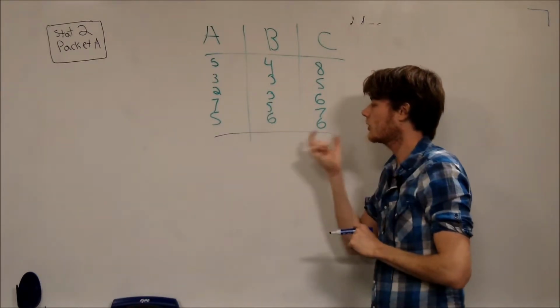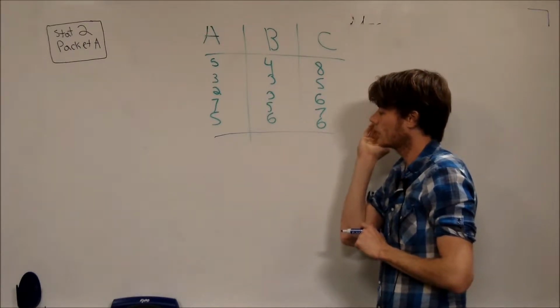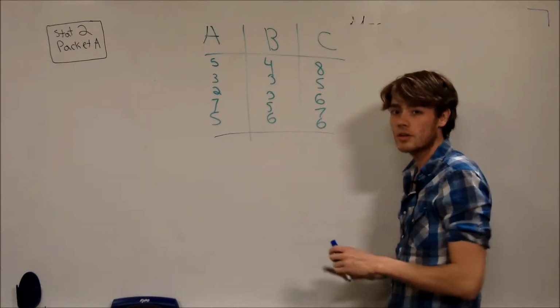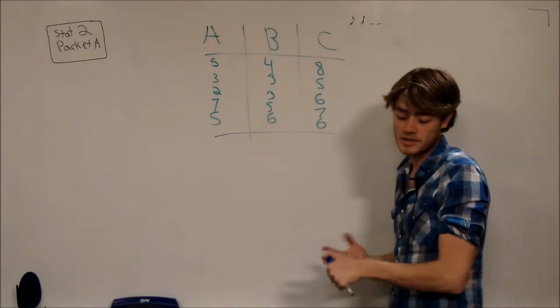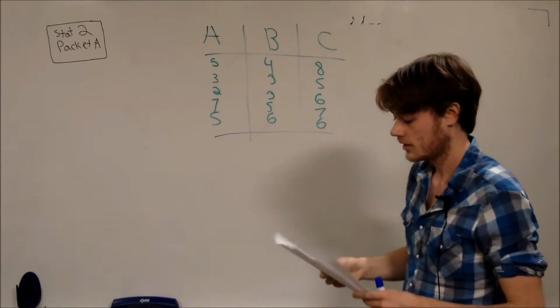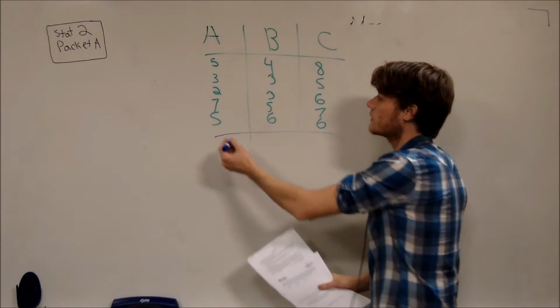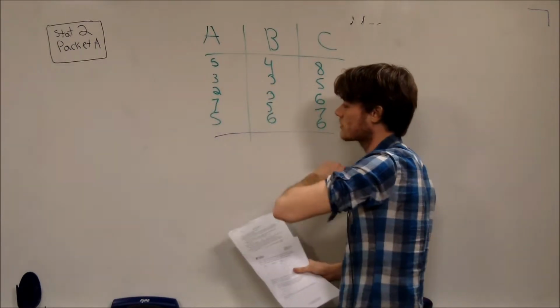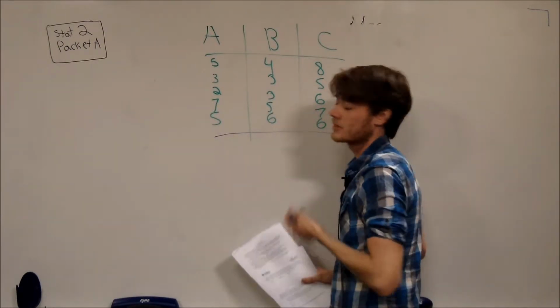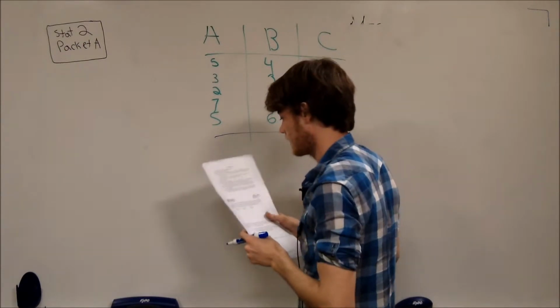Okay, so the first thing you want, obviously, is the means, and you're going to want the standard deviations. To find the means, all you have to do is add up each of these observations and divide by 5, because they all have a sample of 5.